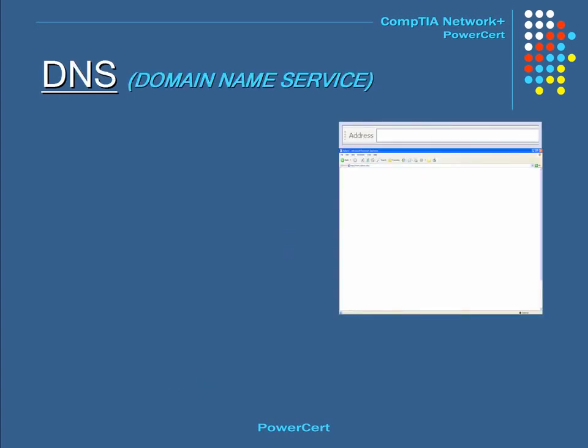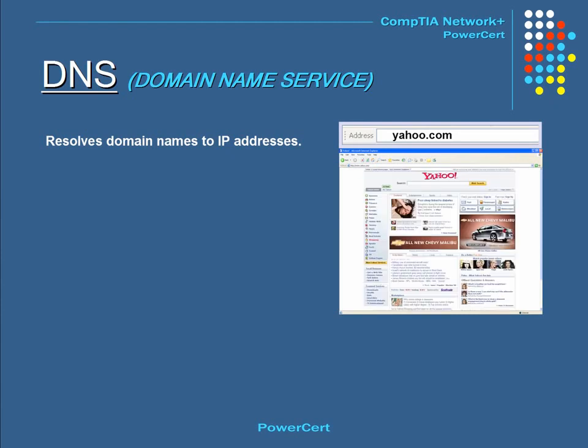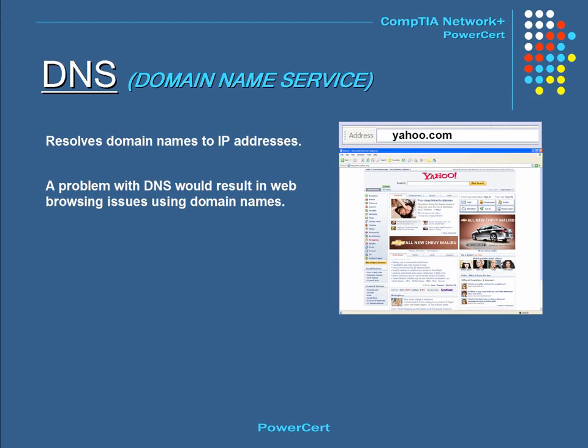Problems can also happen in DNS. As we discussed earlier, DNS resolves domain names to IP addresses. The main impact that this service would have on a network if DNS was not working properly is basically accessing web pages using domain names.